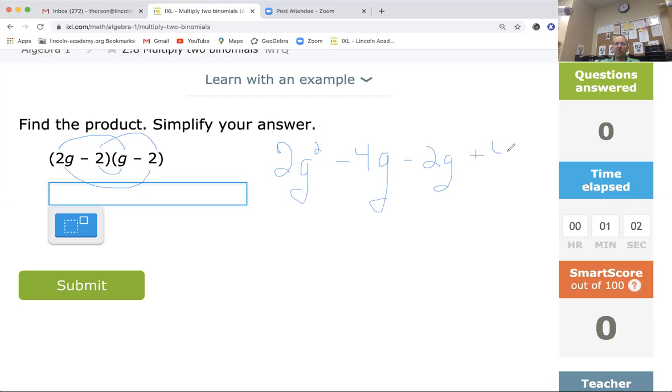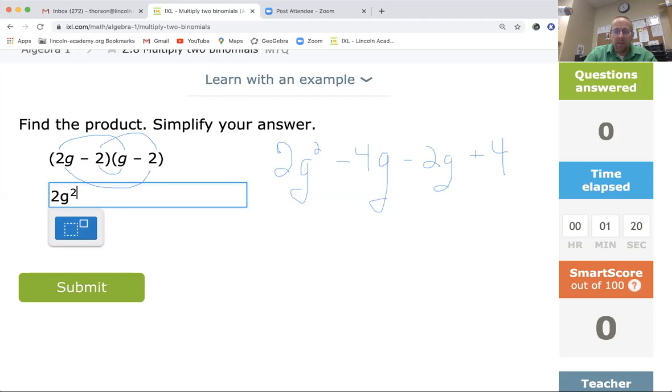And what we get is we always get these two middle terms that add together. They're like terms, and negative 4g minus 2 more is negative 6. So your final answer would be just that 2g squared minus 6g plus 4.